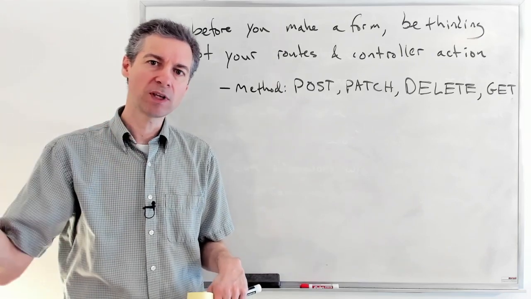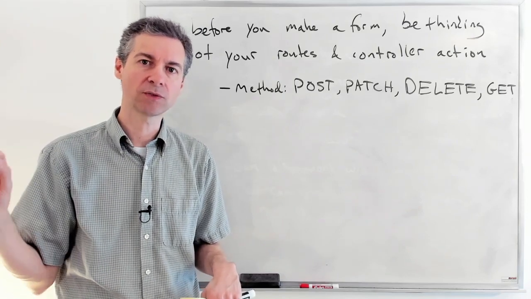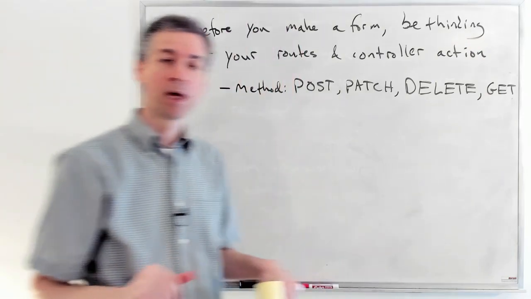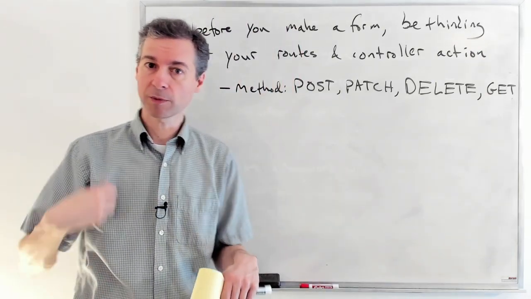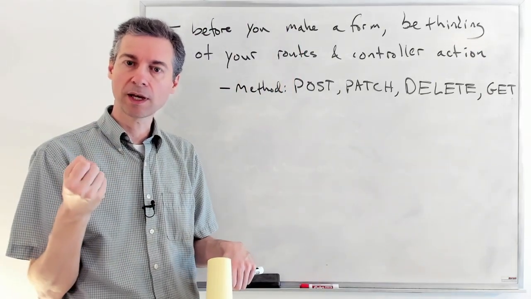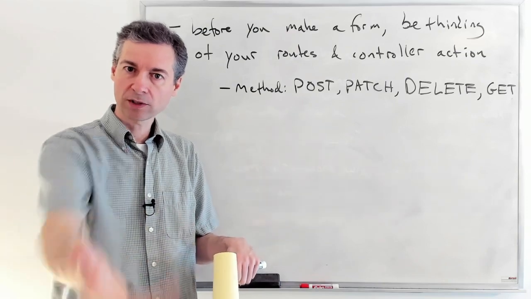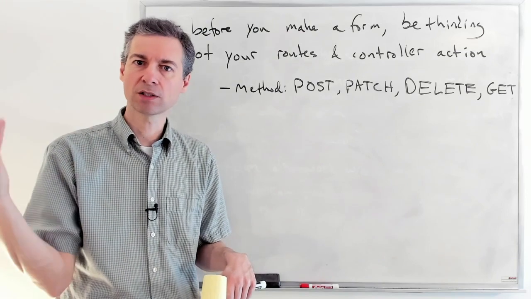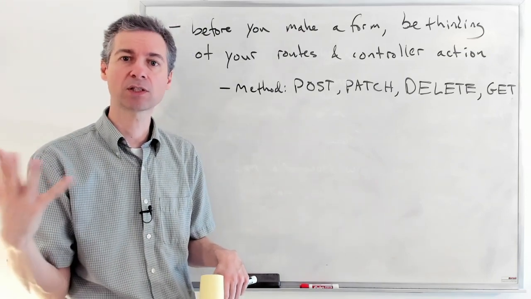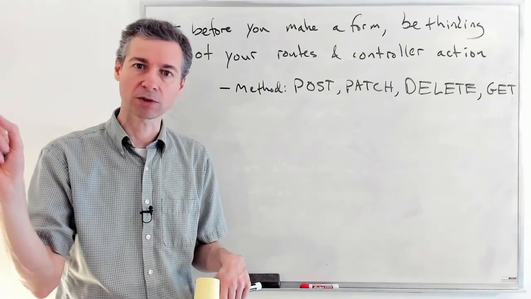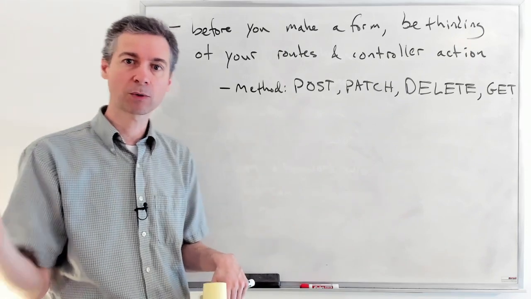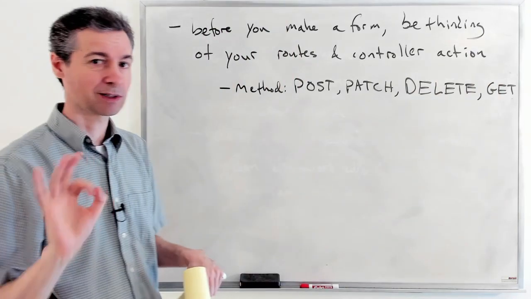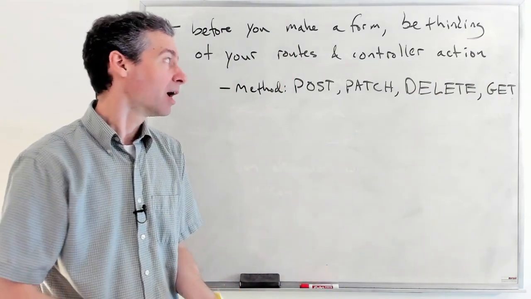We want to put things in the query string of the URL, because that's what a get with a form will do. So we want to be requesting and reading data, but we want that request and reading of the data from the database to be filtered in some way or changed in some way as per the specifications we've put into the query string. How do we generate what's in the query string? We generate it with a form where we've specified a get request. And that's where that comes into play.